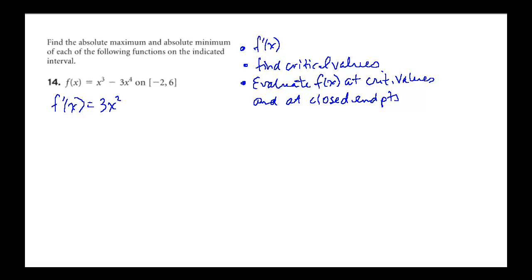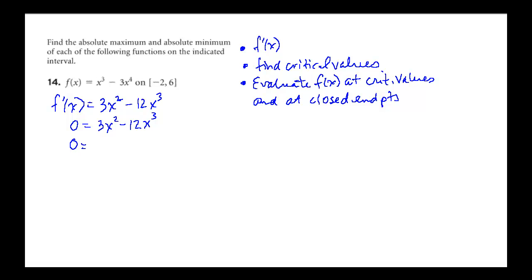That's 3x squared minus 12x cubed. And remember, in order to find the critical values, it would be where the derivative is undefined, or the derivative is 0. This is a polynomial. It's defined everywhere, so really we're just looking for where this is equal to 0.